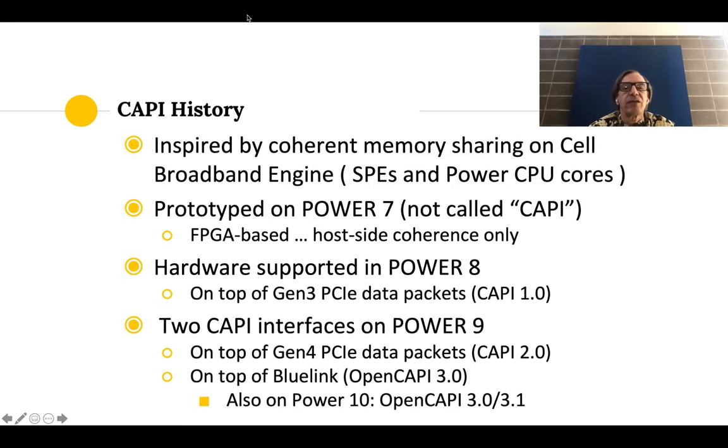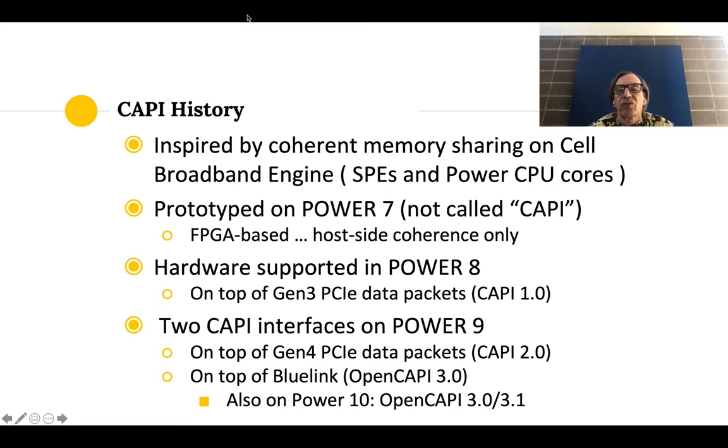A little bit of history. The idea of sharing memory coherently between a host multi-core SMP and accelerators or specialized processors goes back to the Cell Broadband Engine that was used on the PlayStation 3.